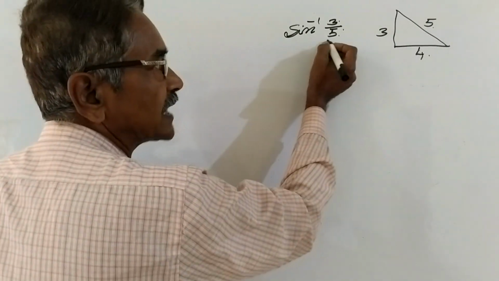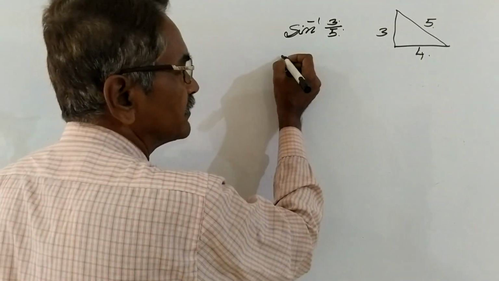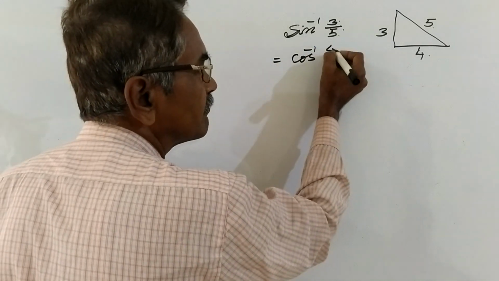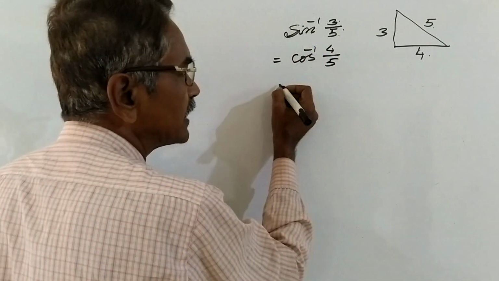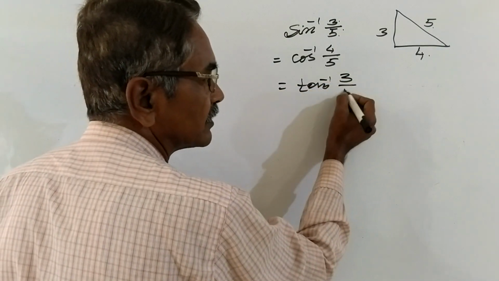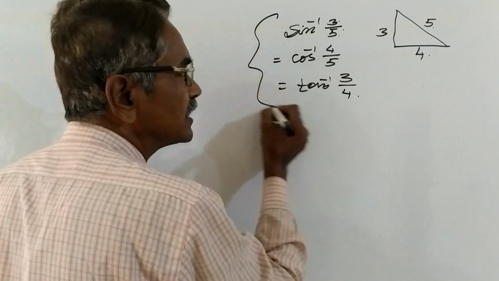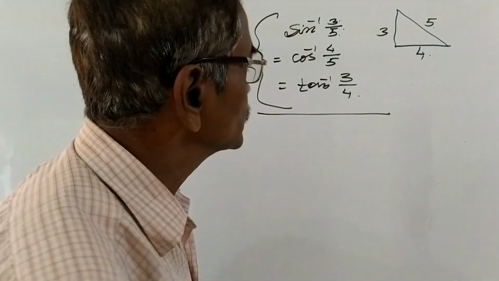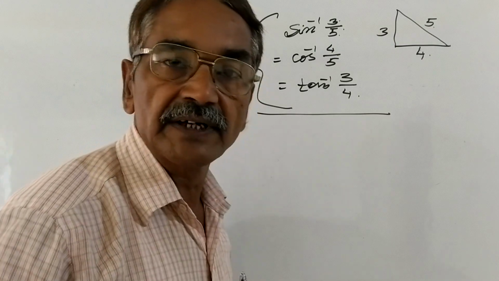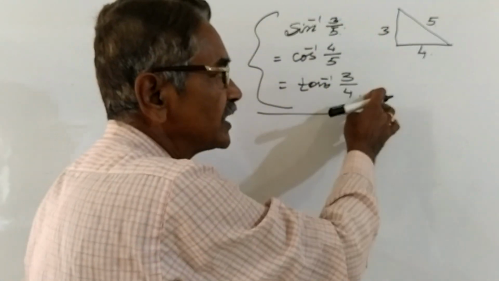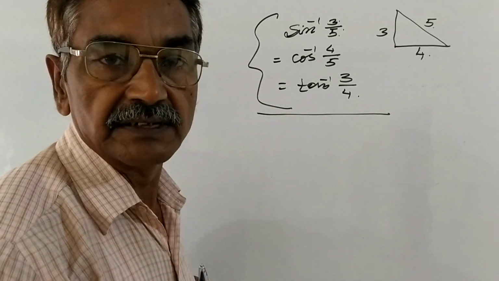So here, sin inverse 3 by 5 can be written as cos inverse 4 by 5. Can be written as tan inverse 3 by 4. All these three values are the same. So this is the way to change one inverse function into another, because it is required while solving the questions.